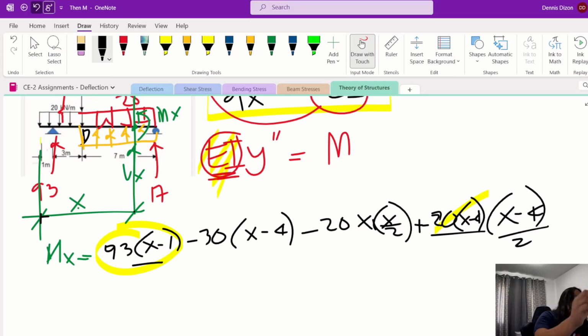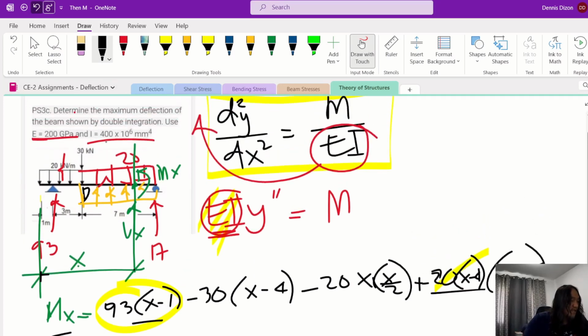And then our clockwise direction, the same direction as your moment at x, and since this is the opposite side, then it would be negative. So minus 30 times the moment arm, x minus 4, and then the uniform load, which is 20x times x over 2.